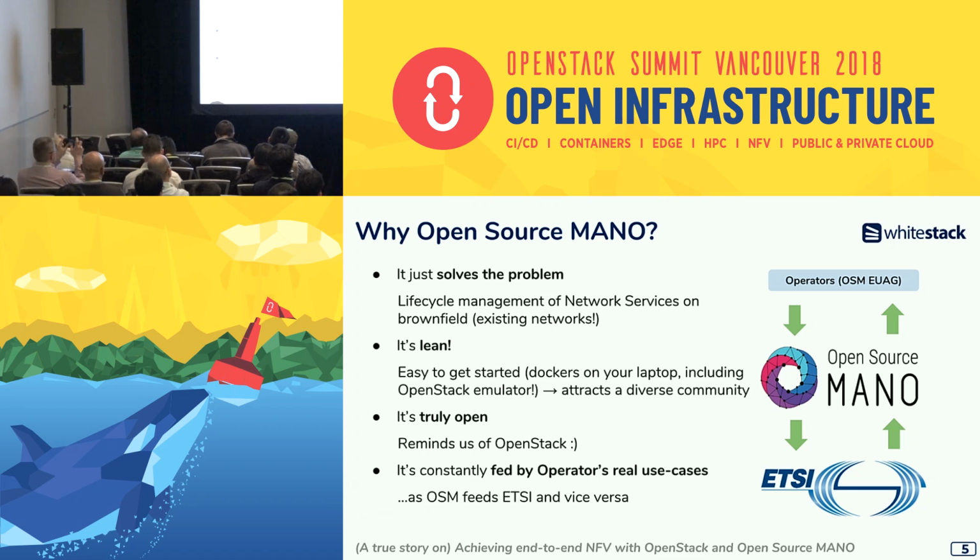You have different environments, and Open Source MANO is a tool that can integrate with these different kinds of VIMs and different kinds of SDN controllers, and that's one of the things we like about the project. The other thing is that it's lean. Today, you can get started with Open Source MANO on your laptop.